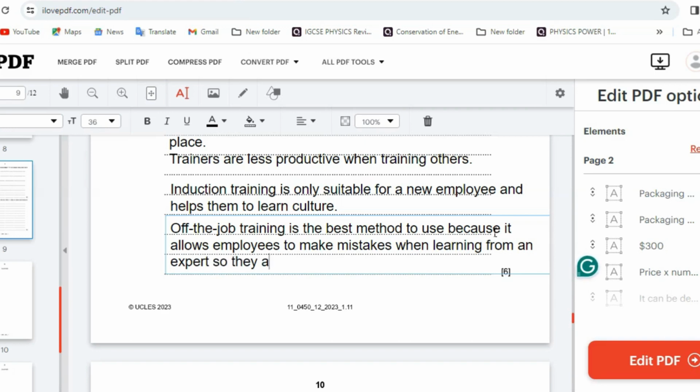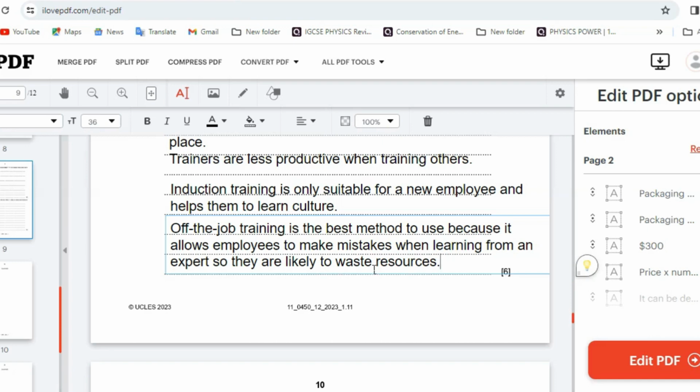So they are less likely to waste resources when they are working.